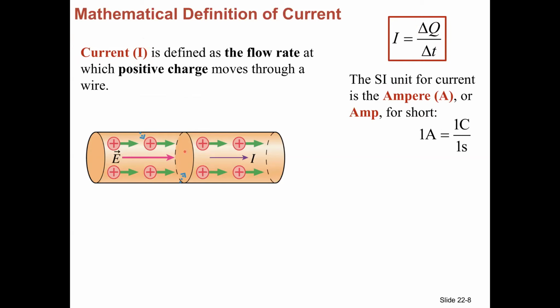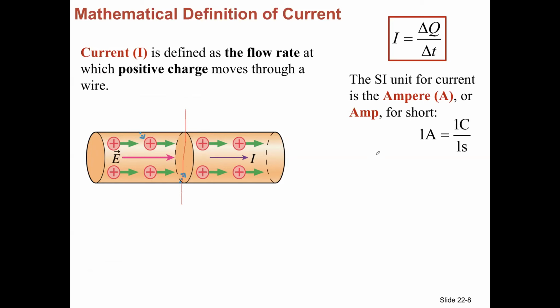So the way you would theoretically measure a current is we could pick a point in this wire to watch. Here we have the beginning of a copper wire and the other end of a copper wire, and we're going to pretend it's the positive charge that is moving, so they move along with the electric field. If we look at a particular slice of the wire, so I can mark this with a pen, we start a stopwatch and measure for 1 second how many coulombs, how much charge, moves past this point.